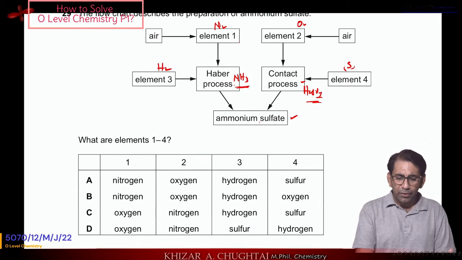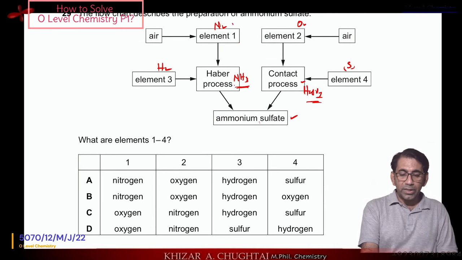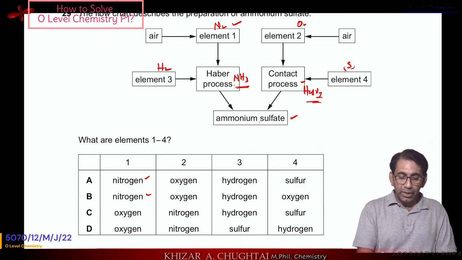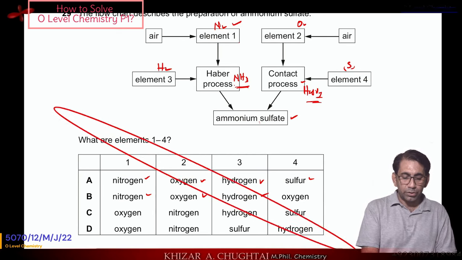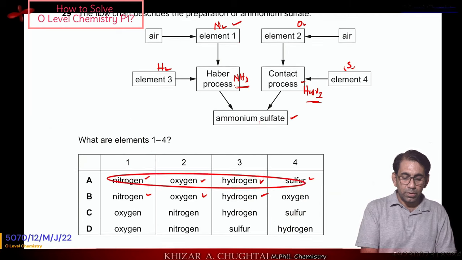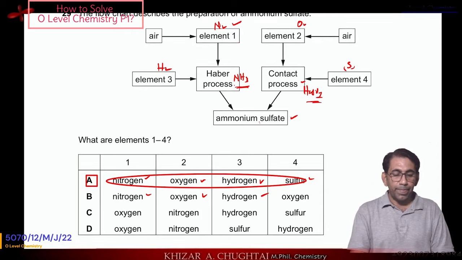Element 1 is nitrogen, element 3 is hydrogen, element 2 is oxygen, element 4 is sulfur. So A is the correct option.